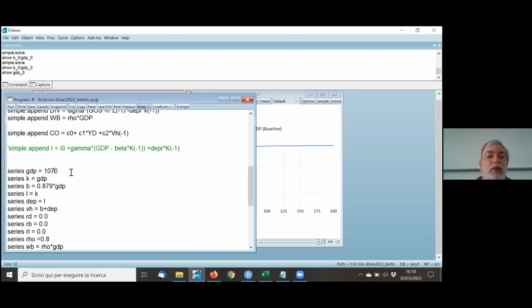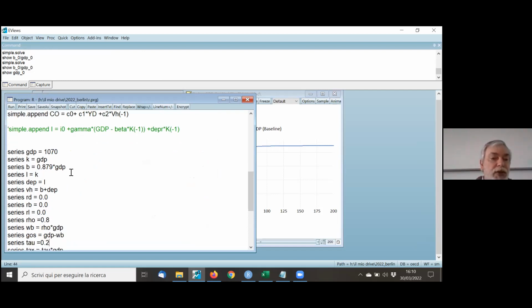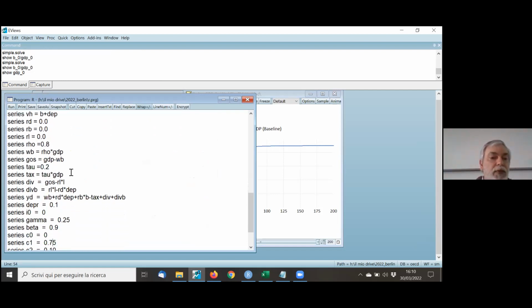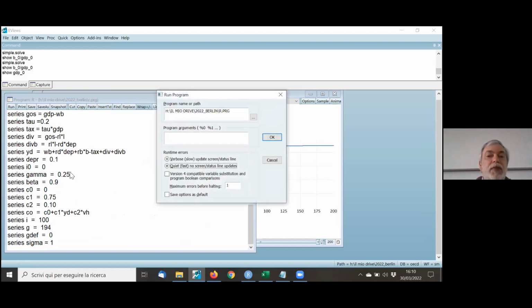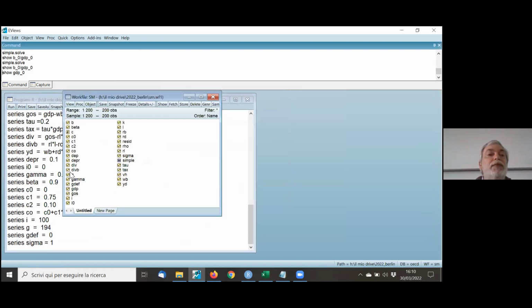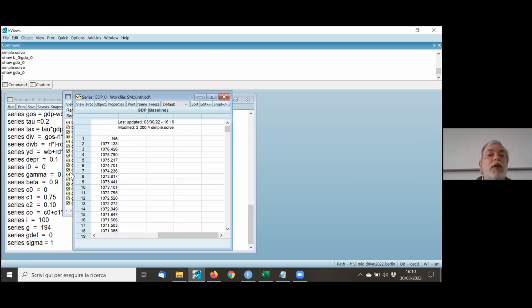So let's see. All interest rates are 0 here. And basically, this is the same model, roughly. Yeah, true. The dividends. Yeah, now this is stable.